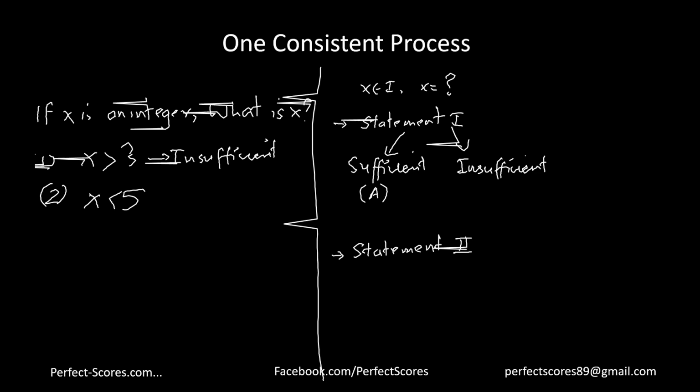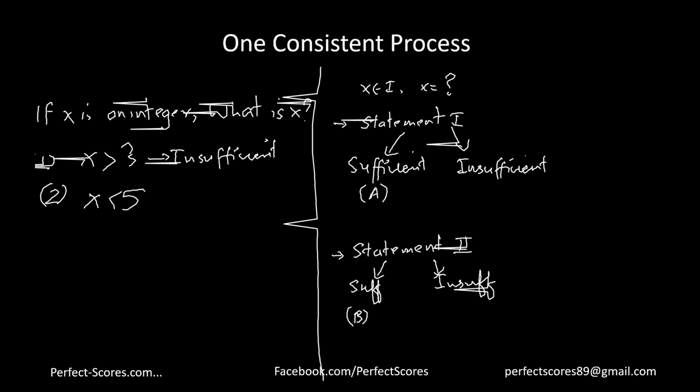And when you look at statement two, again, there are two possibilities. It can either turn out to be sufficient, or it can turn out to be insufficient. Again, if statement two turns out to be sufficient, then the answer is B. If it turns out to be insufficient, then there are other possibilities.